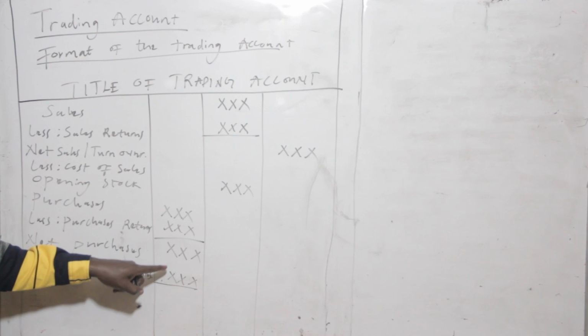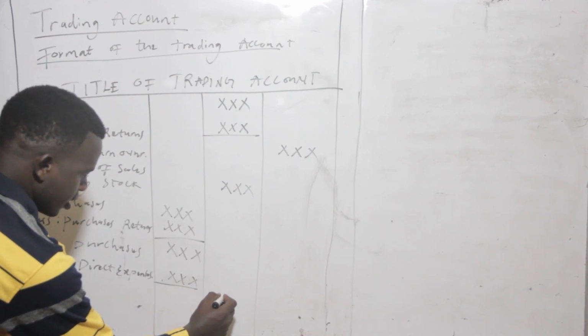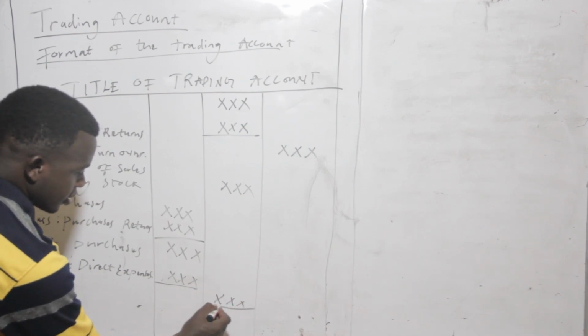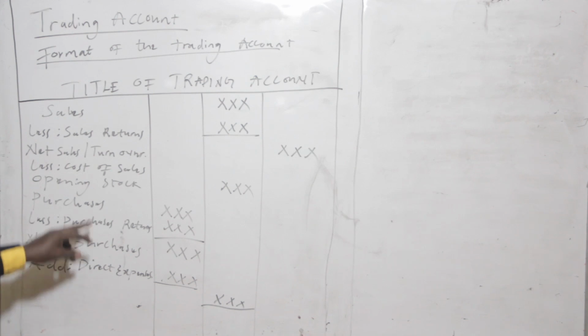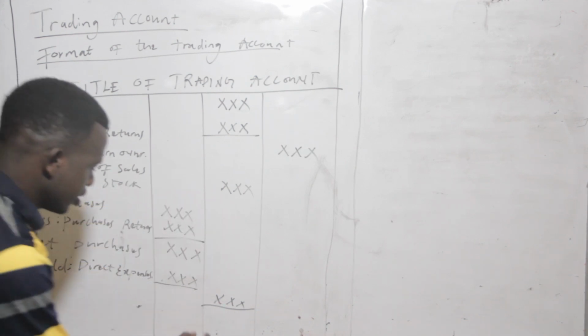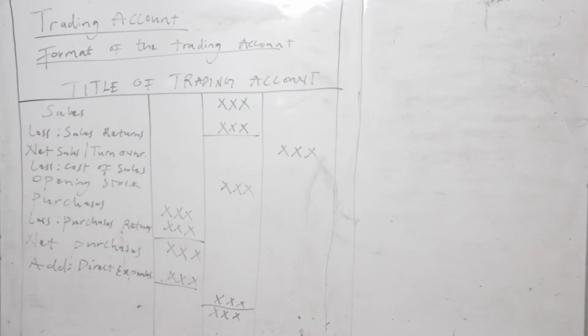When we add these figures, we're going to get an amount here. Then we're going to add our opening stock with this figure, and we're going to get cost of goods available. So this is going to be cost of goods available.